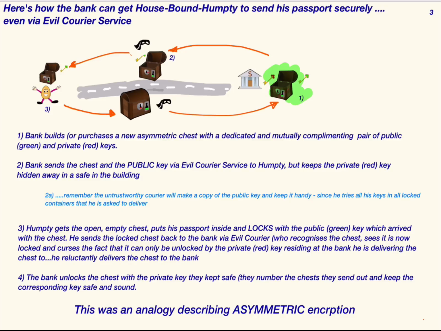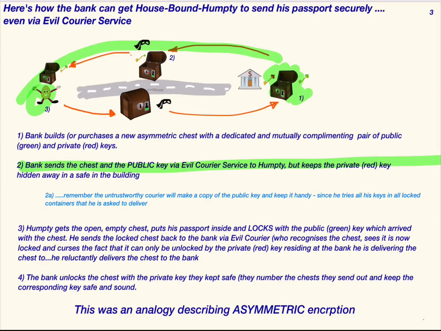Now the idea is that you, as the owner of the box, are going to keep hold of the private key and basically never let it out of your hands ever. But what the bank does do is send this chest via the evil courier service, unlocked, with the public key, to Humpty Dumpty. So it goes this way.